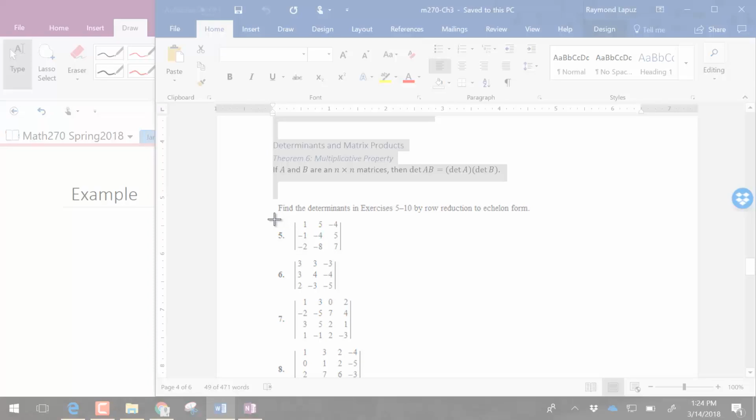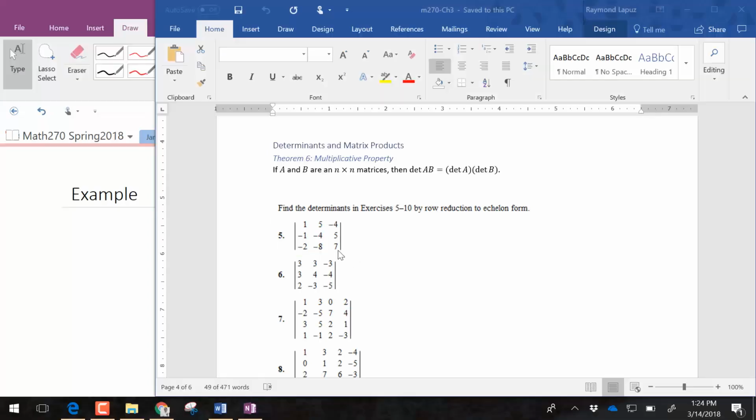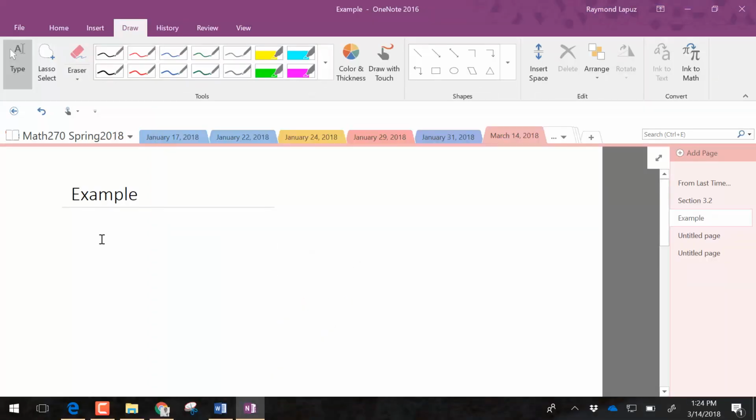So let's take a look at number 5 for an example. Let's take a look at this 3 by 3 matrix and see if we can do some row reducing to figure out what the determinant is. I mean, we can find a determinant the regular way, right? But let's row reduce and see what we get.